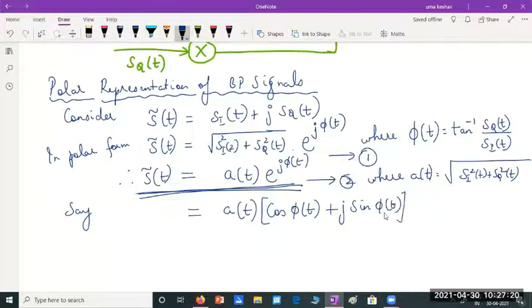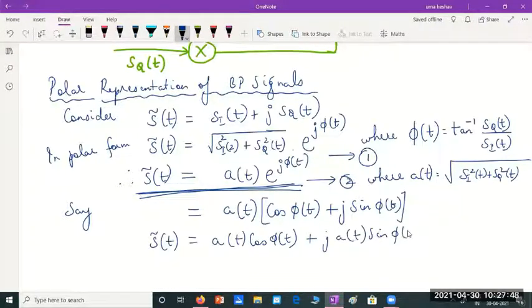In this case, we have used phi. So what would I get here? I'll get S tilde of t as A of t cos phi of t plus j times A of t sin phi of t.